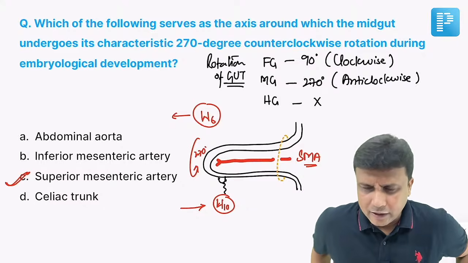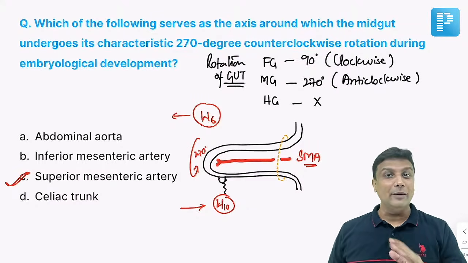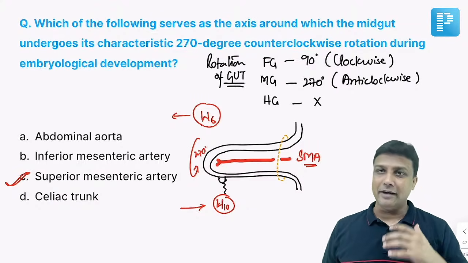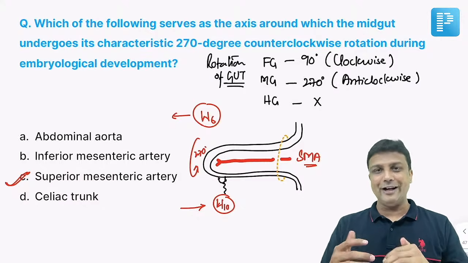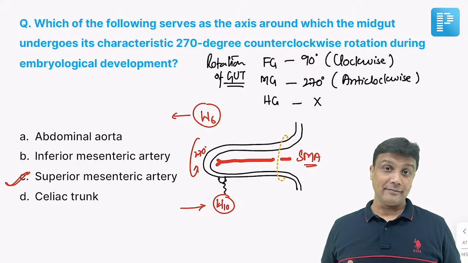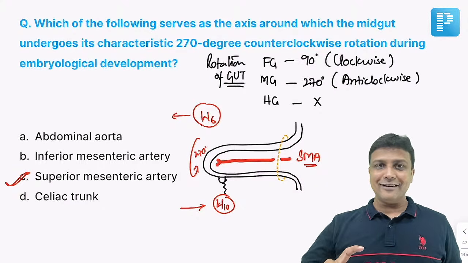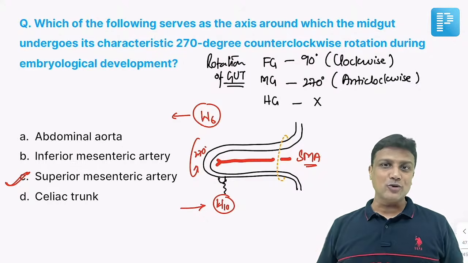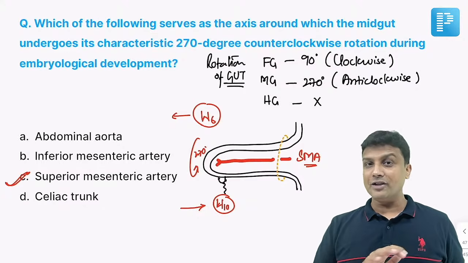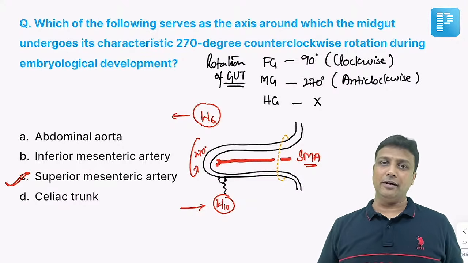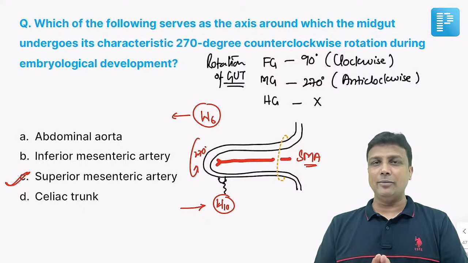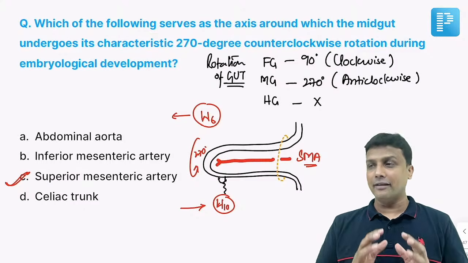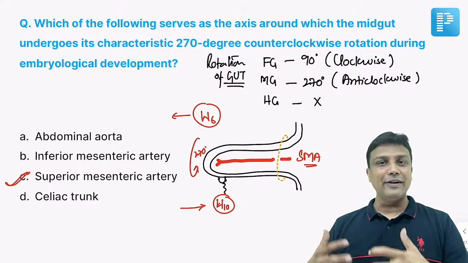Thank God that you and me are very fortunate. Your midgut, my midgut, came out, rotated and went back inside. But in some unfortunate babies, what is going to happen? The midgut will come out, but it is not able to reduce back into the abdomen. The baby will be born with the coils of intestines lying outside.